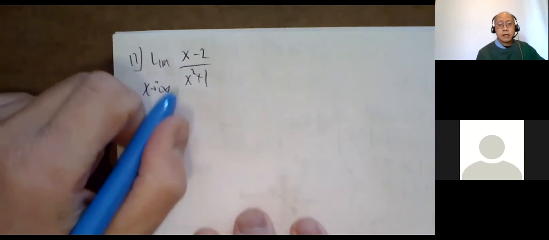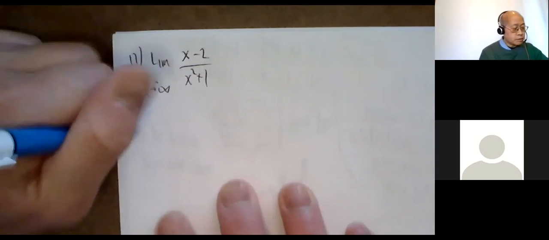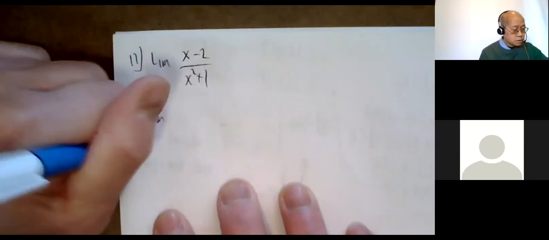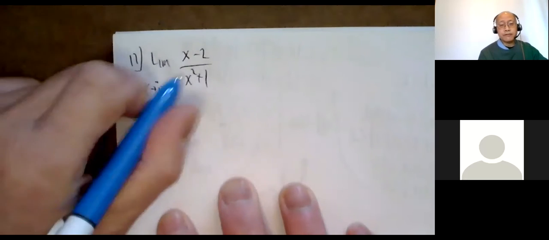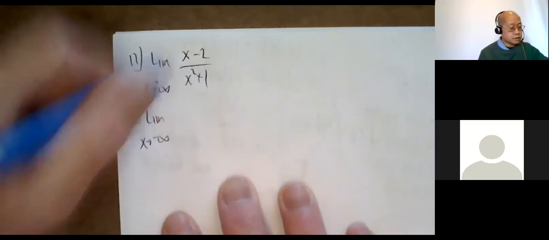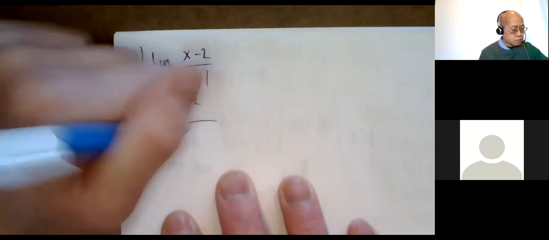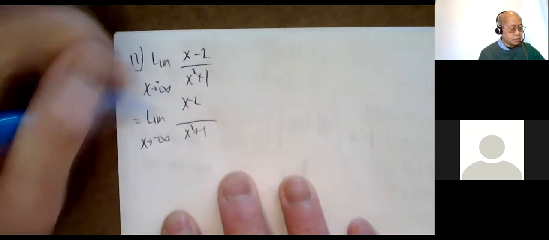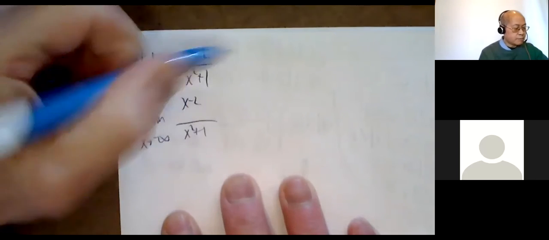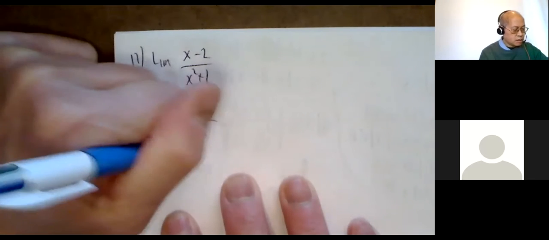Divide the top and bottom by x squared. If they're different, you can divide by whatever's on the denominator, x squared. So x minus 2 over x squared plus 1, and divide top and bottom by x squared.